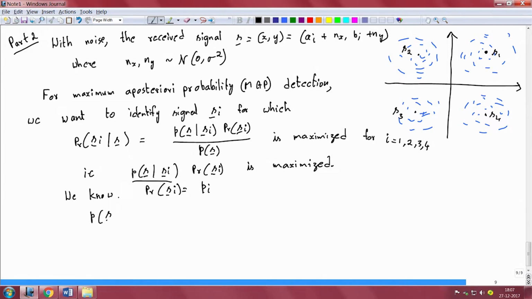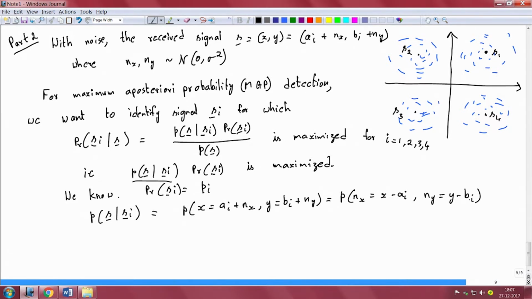Probability of S given Si is nothing but the probability that x is a_i plus n_x, comma y is b_i plus n_y, which we can write as the probability that the noise sample n_x is x minus a_i, and the noise sample in the y coordinate is y minus b_i.